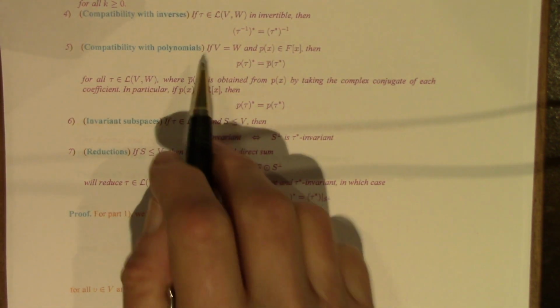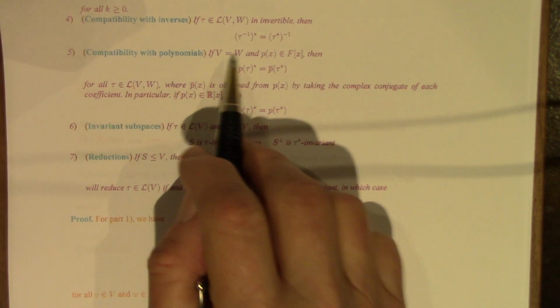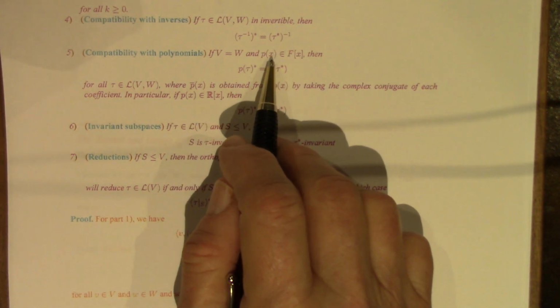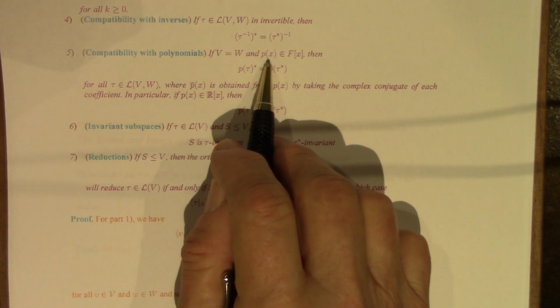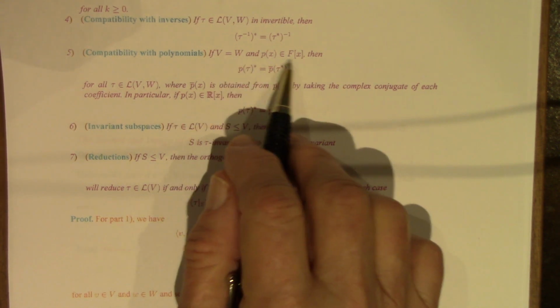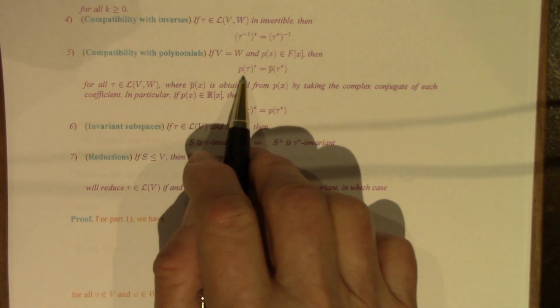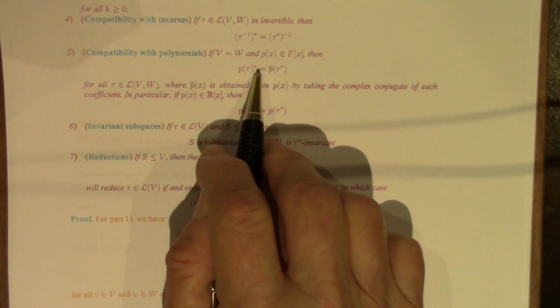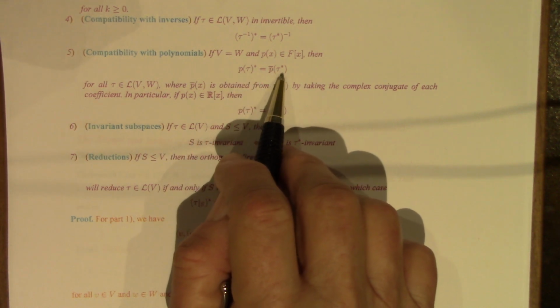Compatibility with polynomials. If you have a linear operator, let's say tau, and a polynomial, then you can form P of tau. The adjoint of P of tau is P bar of tau star.